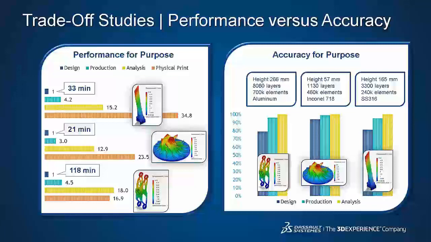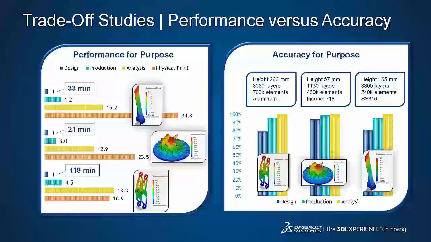For example, for this turbine blade model, the design level simulation can be run in 33 minutes, and the production level simulation is about 4.2 times the design simulation, which is 4.2 times 33 minutes, and the actual build time is 35 times 33 minutes. So this chart gives you an idea of the simulation times compared to the physical build times.